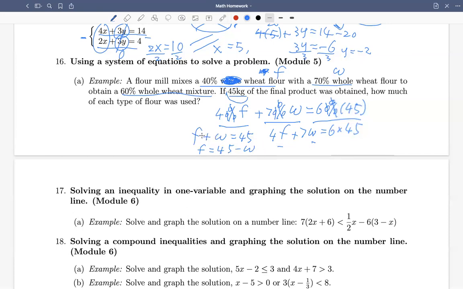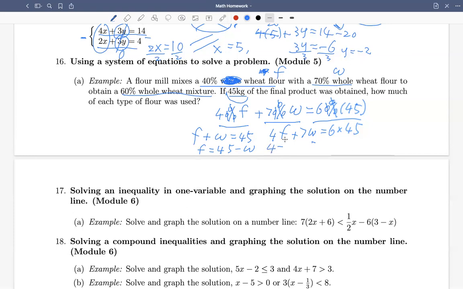We have F plus W equals 45. Another equation is 4F plus 7W equals 6 times 45. Those two equations, you may use elimination or substitution. I'm going to use substitution method for this.